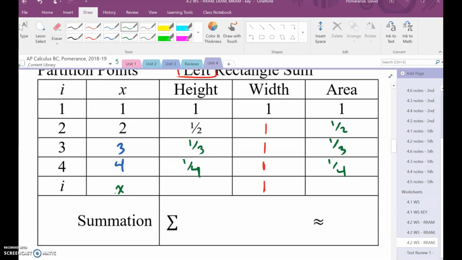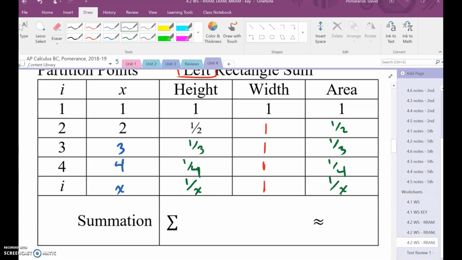That's an easy pattern. So if I know what x is, I can find the height because I just use my function. So I'm going to plug in x into my function, and I'm going to get 1 over x. And we're going to multiply that by 1 to get our area. So the area of our ith rectangle is 1 over x.